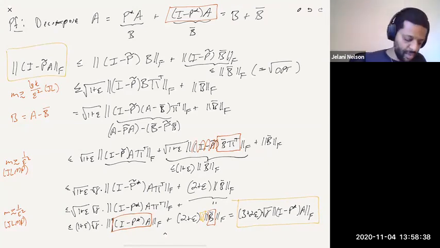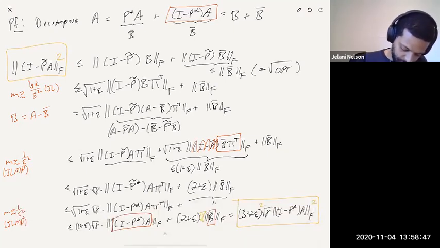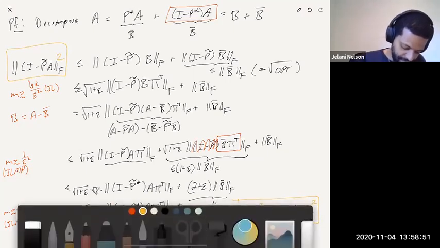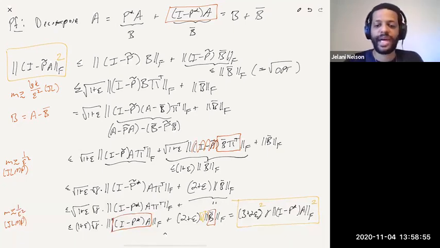And then now I just square both sides, and that removes the root on the gamma too. And I'm done, right? That's exactly what I claimed. So that's roughly 9 plus O of epsilon times gamma times opt.